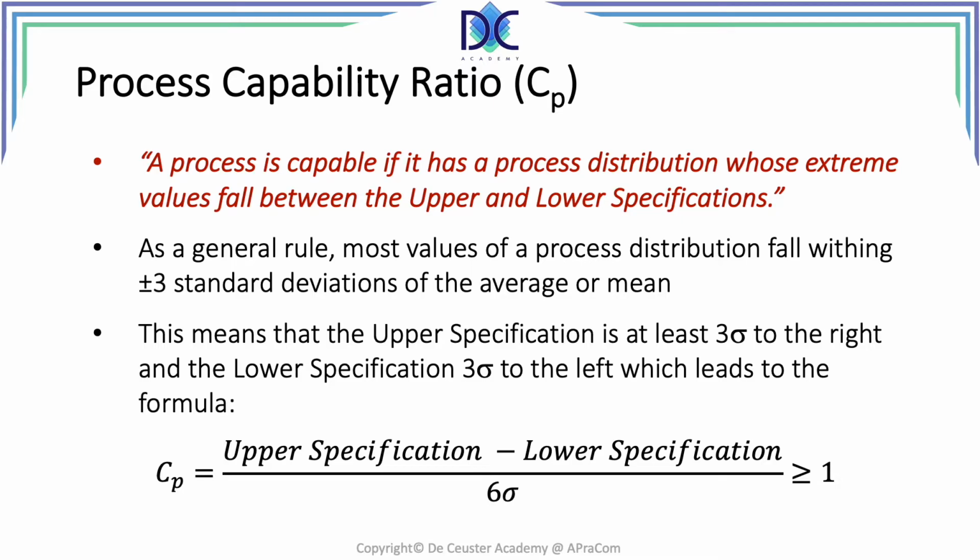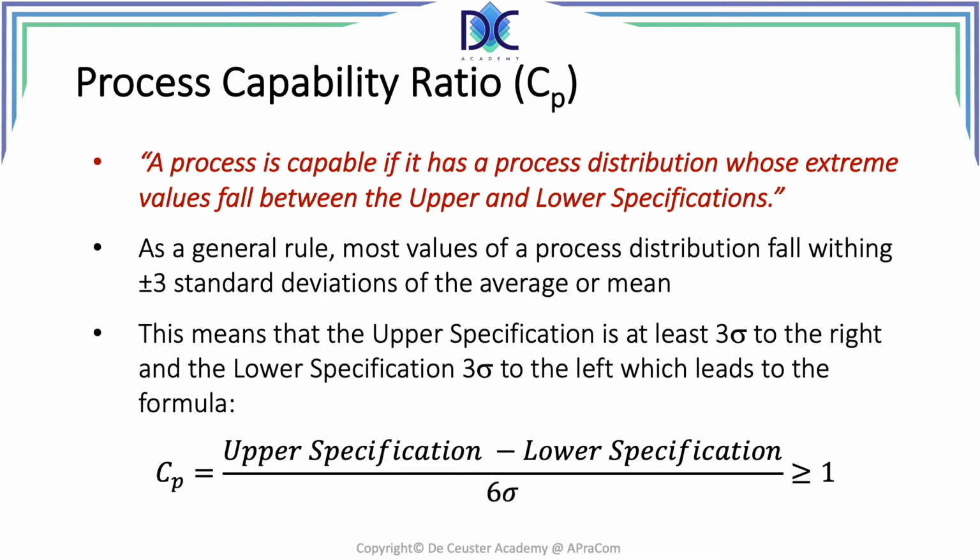So when I was speaking about the sigma level there, I was basically talking about the process capability ratio, which says that the process is performing at 3 sigma level. When we look at upper specification minus lower specification, we basically find that this is 2 times the tolerance. So when we take the 255 plus minus 5, we find in the numerator that this is 10 millimeters.